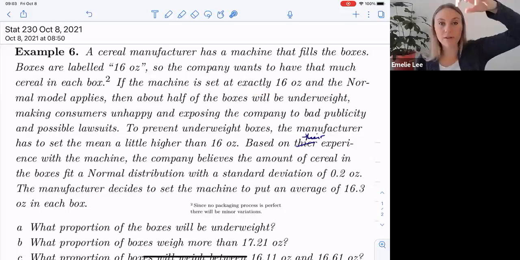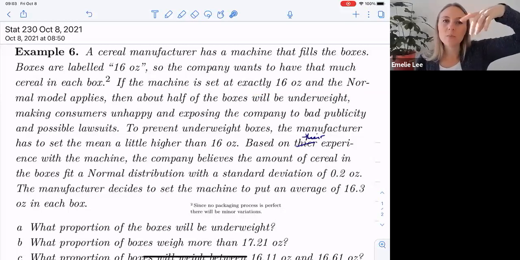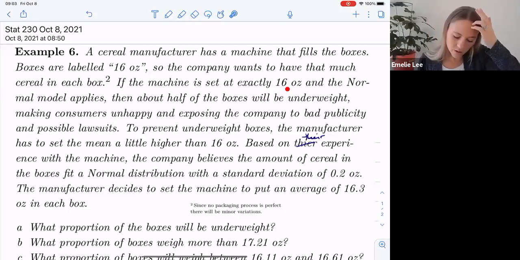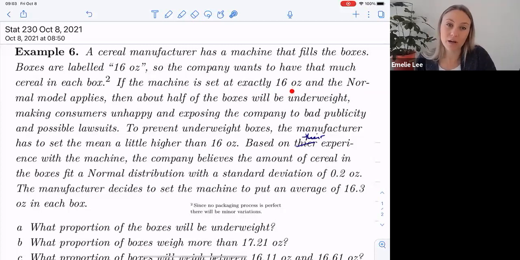It'll average 16, but then some will be really low and some will be really high. Some will be overfilled. So if you set it at 16, what do we know about the mean? Well, roughly half of those boxes would be underfilled, under 16, and the other half would be over 16, right? So that's not really what we want.